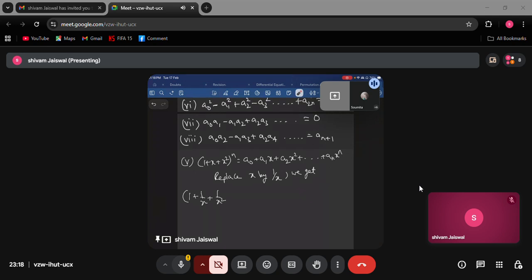So what you have to do is, over here, the whole idea is to interchange the variables. Like the a0 should be the coefficient of x to the power n, a1 should be the coefficient of x to the power n minus 1. Then only we can compare and say that a0 equal to an, a1 equal to an minus 1. Are people getting?